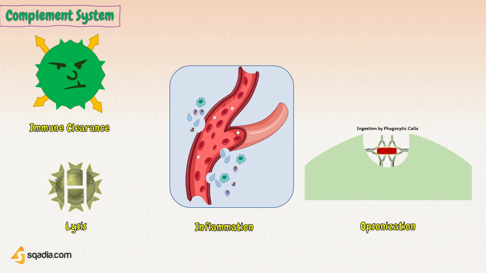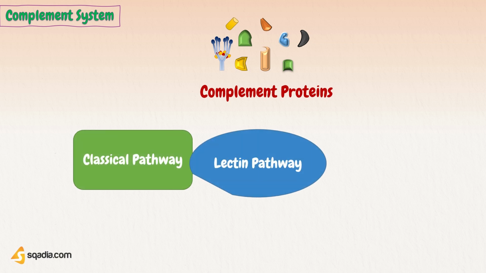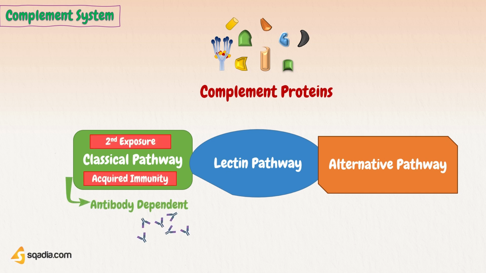The complement proteins assist in pathogen-killing via three pathways: the classical complement pathway, the lectin pathway, and the alternative complement pathway. The classical pathway is antibody-dependent and thus part of the acquired immune response.